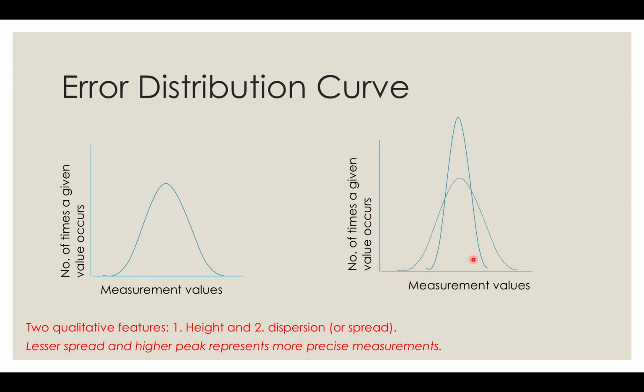As you can easily guess, of these two curves, the solid one is the more precise one because it has lesser distribution area as well as more height. So from the error distribution curve, we come to know about the precision of the measurements being taken. It is a very good indication of the precision of measurement.